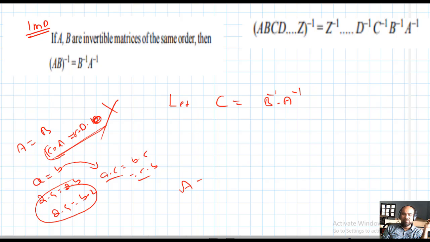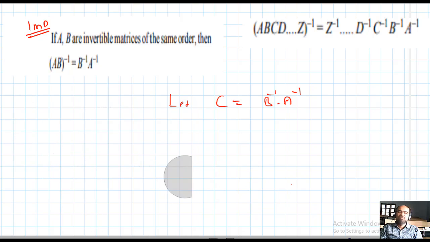We should clearly mention pre-multiplication of matrix K or post-multiplication of K on the other side. So, pre-multiplication means K into A equal to K into B, or A into K equal to B into K. Should take care of this. Okay. Now, here matrix C equal to B inverse into A inverse.